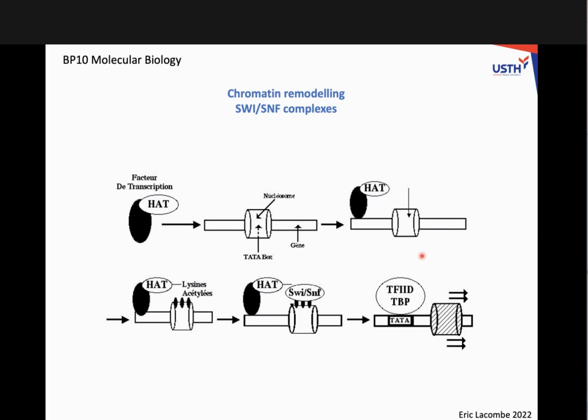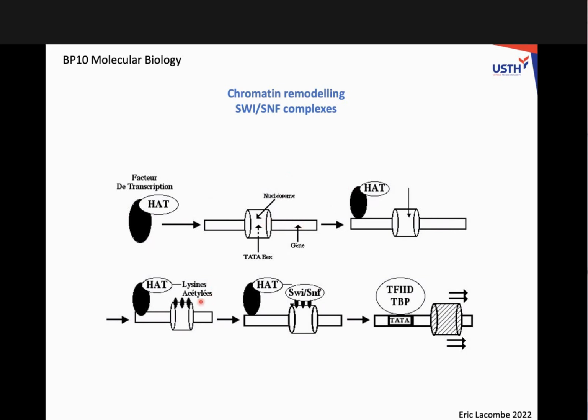Or no? Can you repeat the process? The general process: the situation at the beginning is that the compaction of chromatin does not allow the gene to be expressed. But we want to decompact only the gene, not the sequence around the gene.